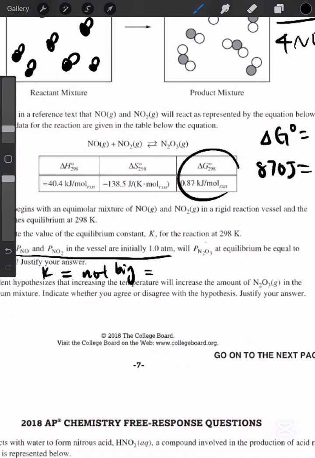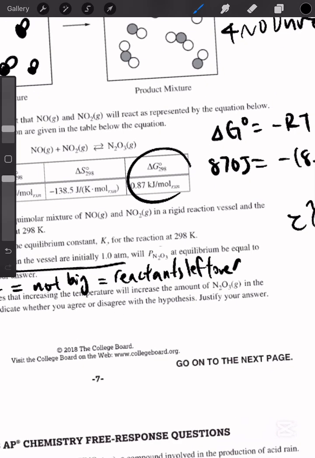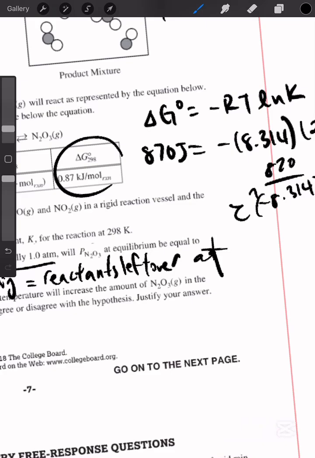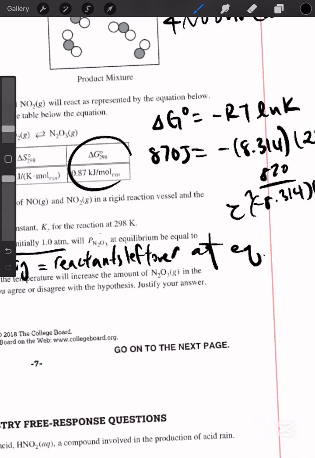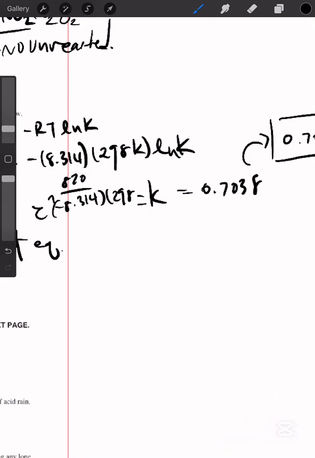So that means that at equilibrium, there's going to be more reactants left over, because K is the ratio of products over reactants, right? At equilibrium. So if you have a K that's less than 1, we can pretty much know that there will not be as much products as there are reactants.